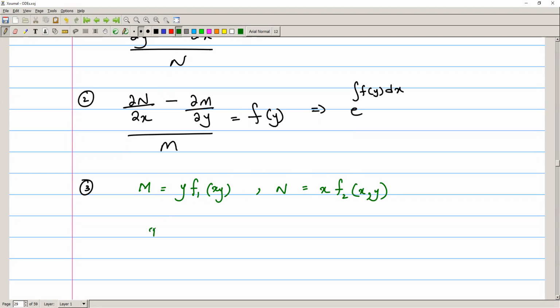Then the integrating factor in this case will be simply equal to 1 over Mx − Ny.